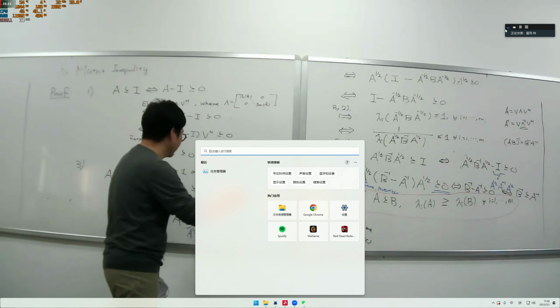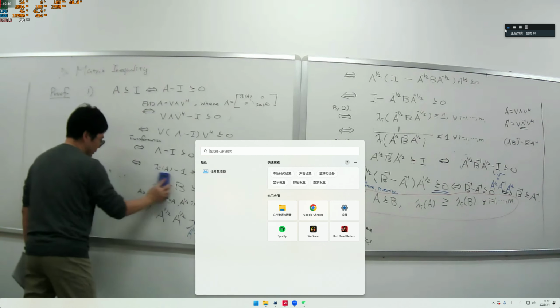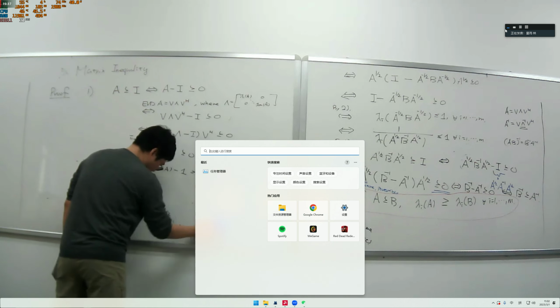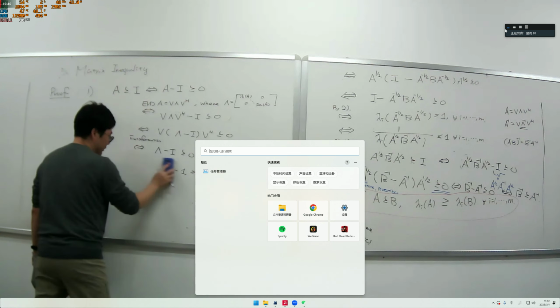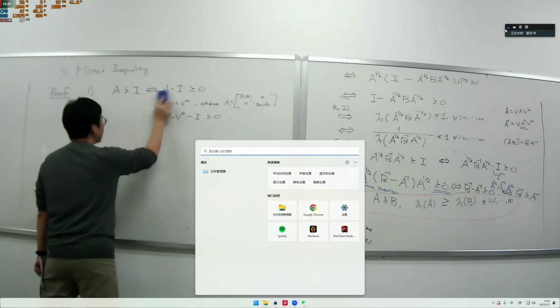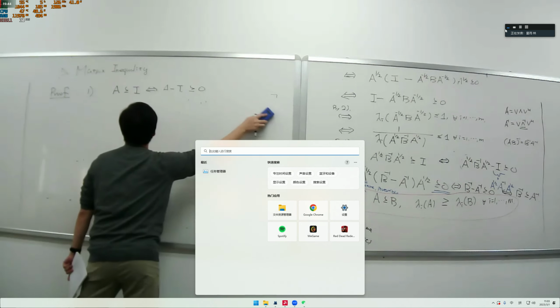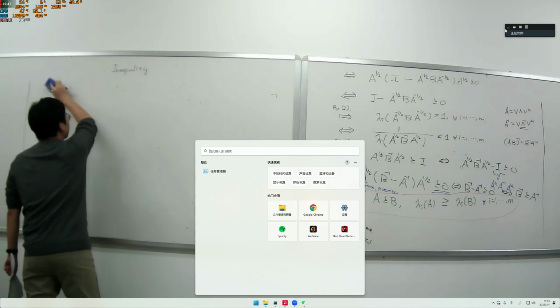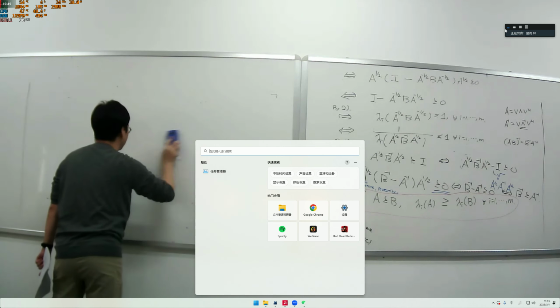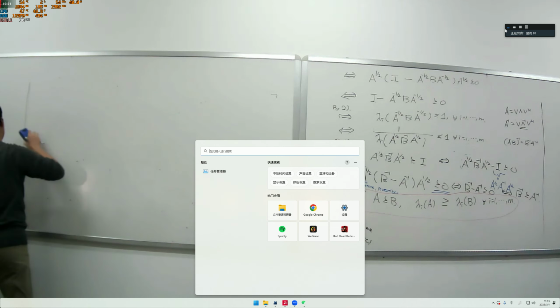So in order to reach that target, we need to introduce more terms.